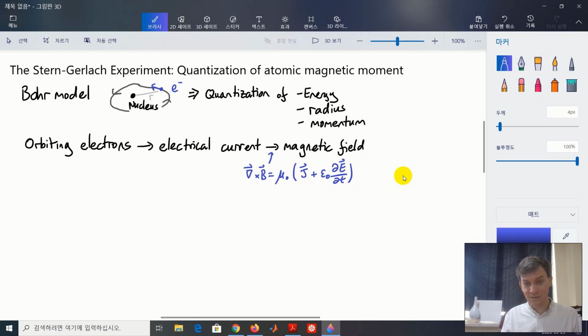What does this magnetic field look like? If the electron is moving around this way, because the electron is negatively charged, that gives rise to a current flowing in the opposite direction, and the magnetic field arising from such a current looks like this. I'll do the magnetic field in green. You get magnetic field lines that flow around like this.